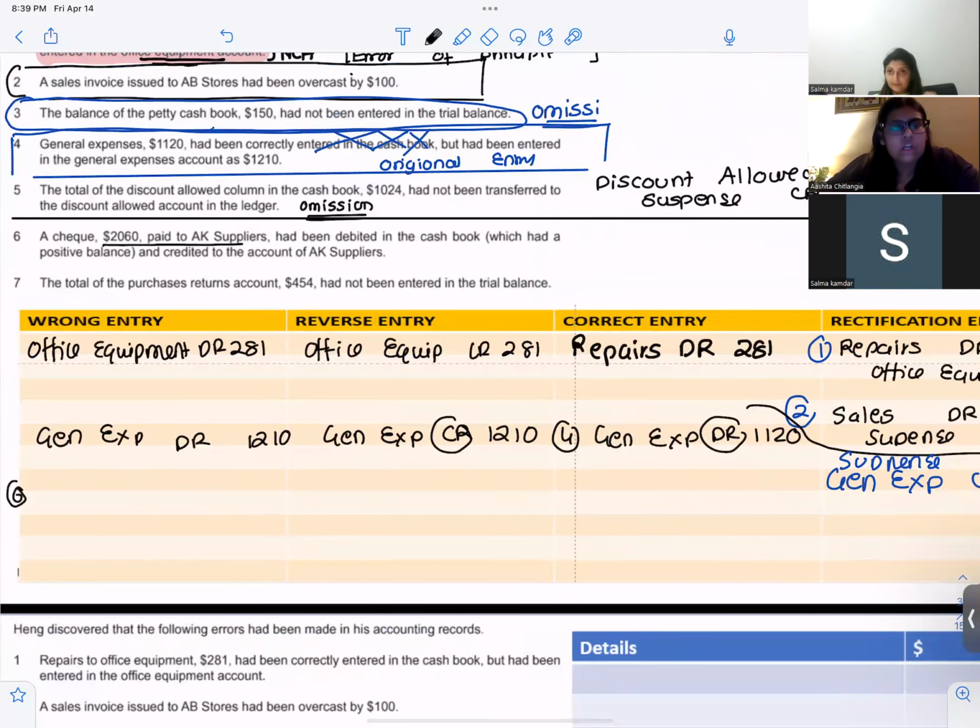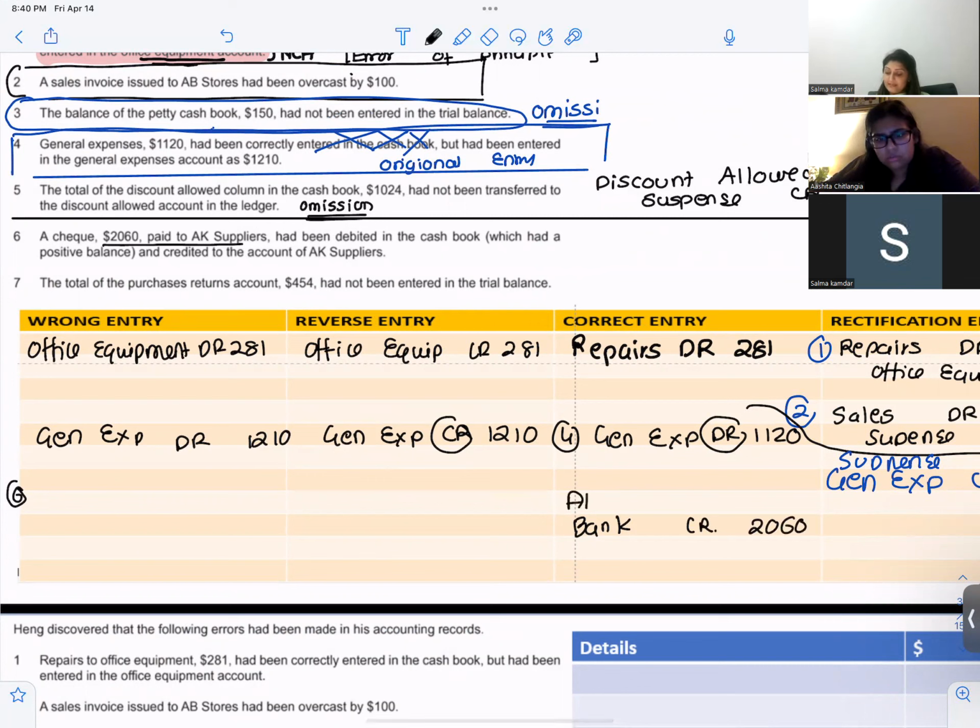You're paying a cheque now. When do you debit bank? When money comes in. Here you're paying the money, so money is going out. So bank credit, 2060.